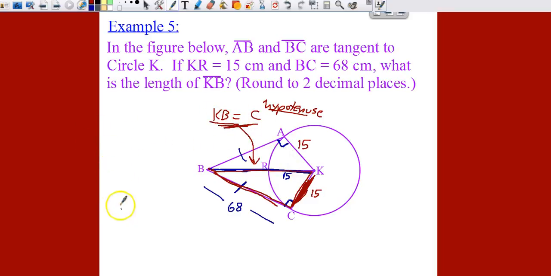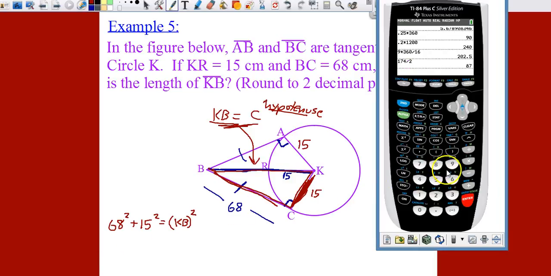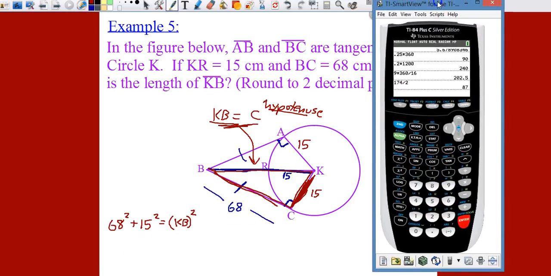So I'm going to do 68 squared plus 15 squared equals KB squared. I can use that as the name of the side, so I don't have to call it c or hypotenuse. To solve that, I have to square those, add them, and take the square root. I cannot do those in my head, so I'm going to plug these into the calculator. 68 squared plus 15 squared is 4849.